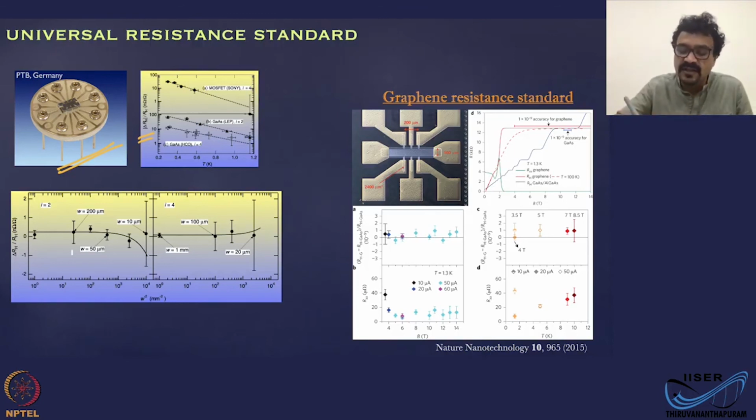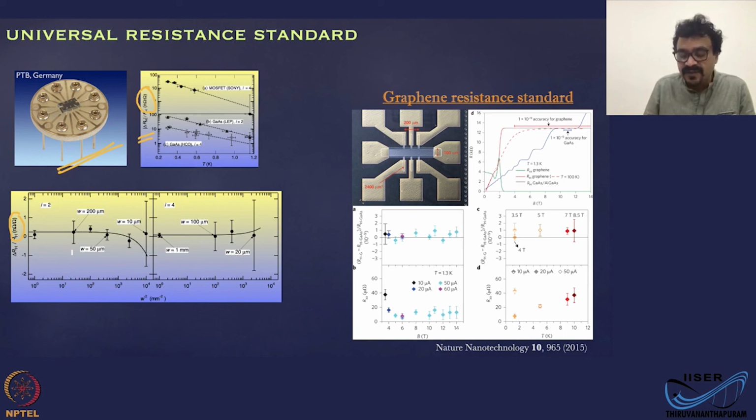Those are in nano ohms, that is the 9th place after the decimal. If you read the axis carefully, these are all variations that have been measured over various systems. This is not even like 1 nano ohm. This full scale here is like 3 or 4 nano ohms.